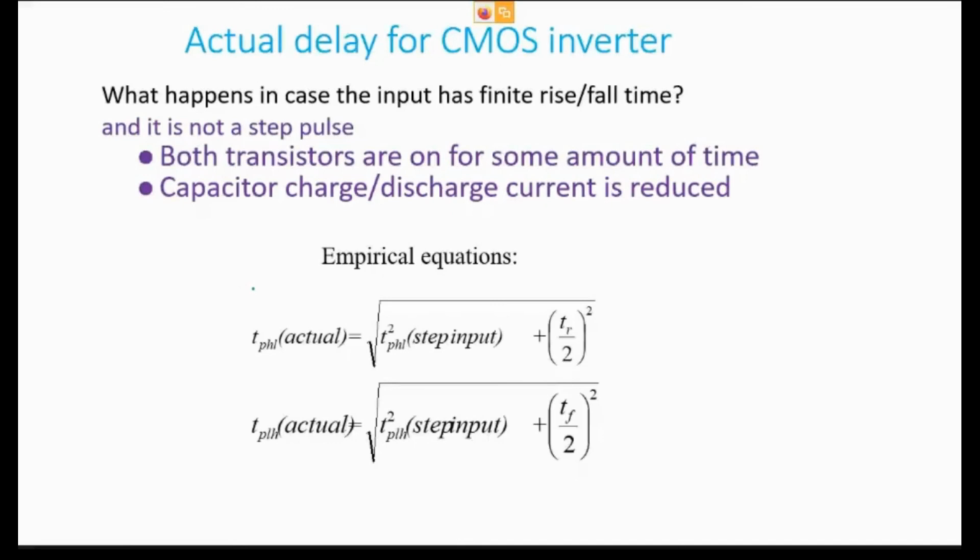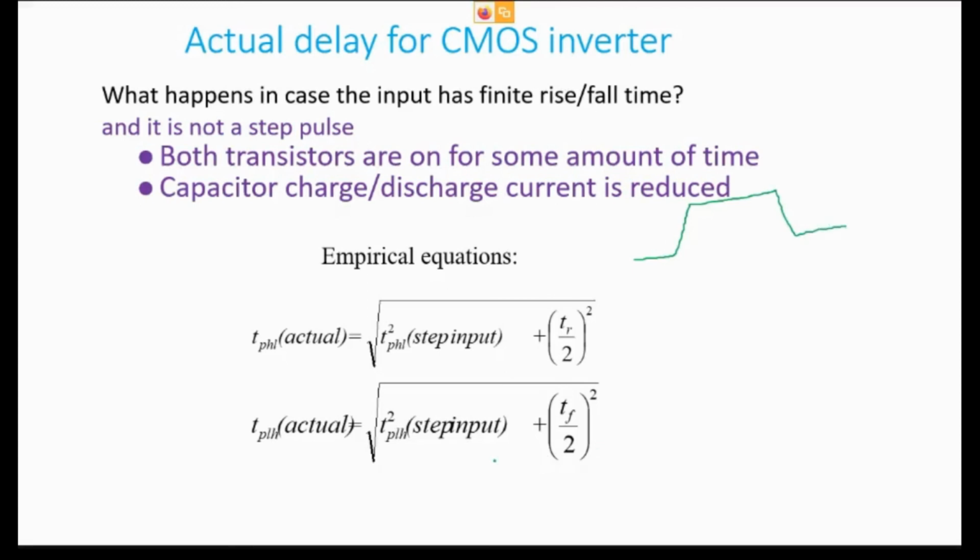Now coming to this particular point, in the beginning, we assumed that we are using a step pulse, and that we did just for simplicity in calculations. Actually, what happens? Your wave is not square, it has some finite rise time and some finite fall time.